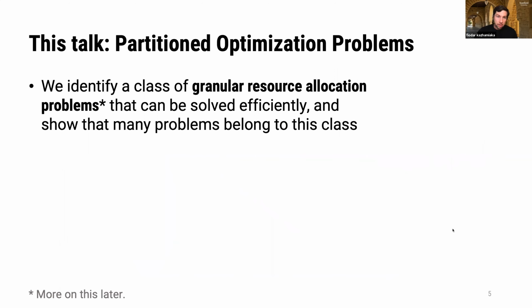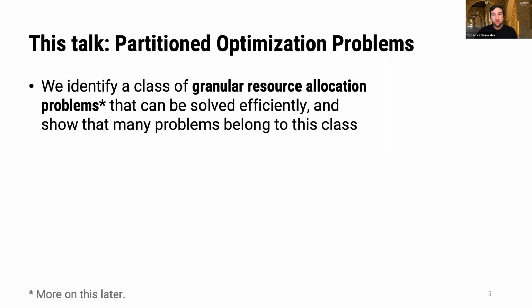In this talk, we propose a new technique called partitioned optimization problems, or POP. We identified a class of resource allocation problems, which we call granular, and found that many optimization problems in existing systems belong to this class. We can solve granular problems quickly with POP.